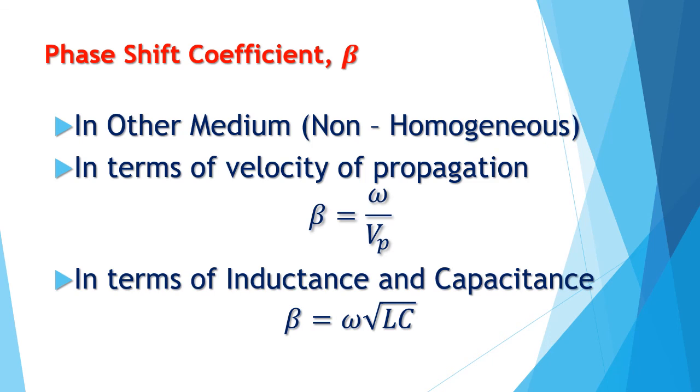And we can also solve for beta in terms of inductance and capacitance if it is in a non-homogeneous medium. We're going to use this formula: beta is equal to omega times the square root of inductance times capacitance of the transmission line.